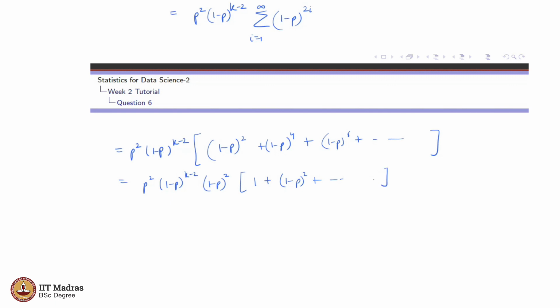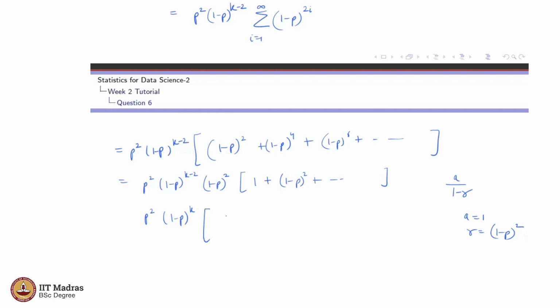Now you can use the geometric series formula, the sum of the infinite geometric series, and this formula is a upon 1 minus r. So in this case, a is 1 and r is (1 minus p) whole squared. So if you use the formula, you will get p squared (1 minus p) to the power k minus 2. So you see, (1 minus p) squared and (1 minus p) to the power minus 2 will get cancelled out and we'll just have (1 minus p) to the power k.